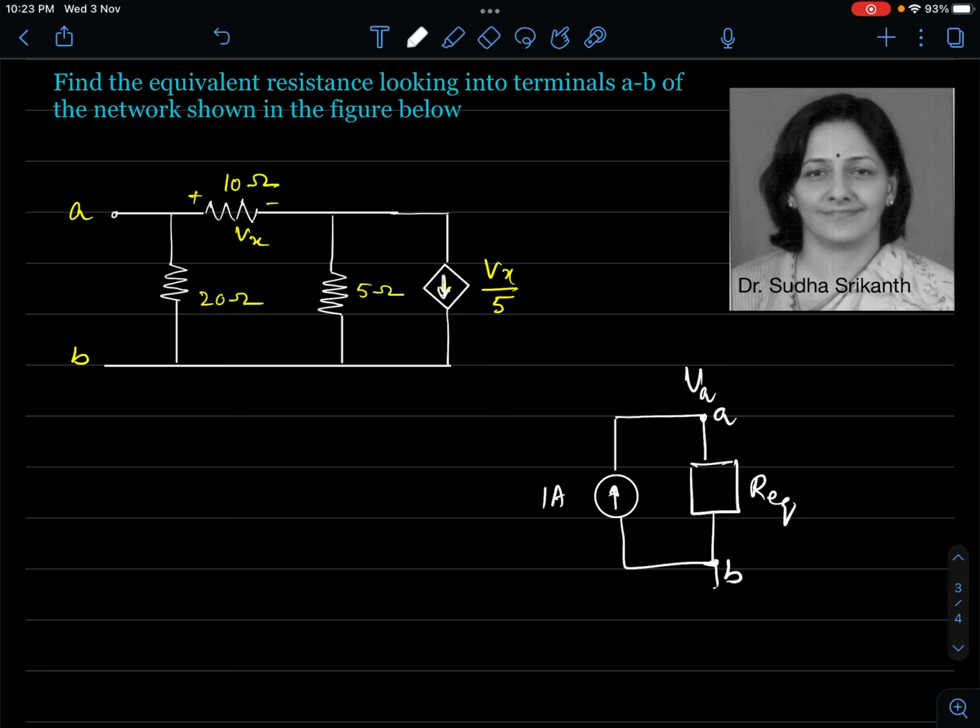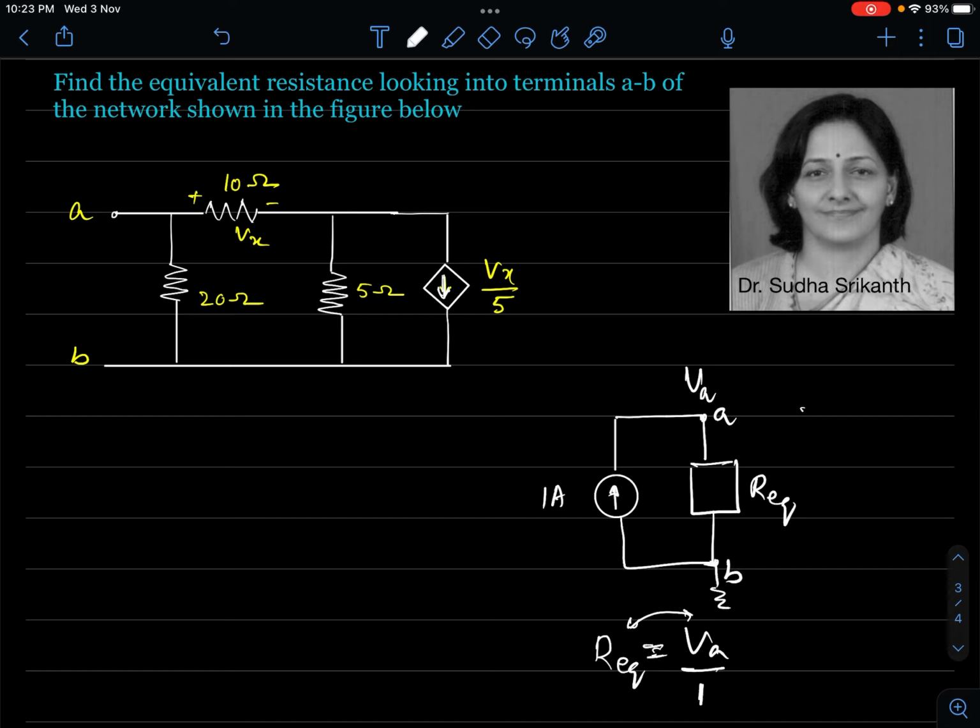And if I imagine this to be the ground, if I ground that potential, then VA is the potential difference across R equivalent. In other words, if I want to find out the R equivalent resistance, it is simply VA divided by 1 ampere, voltage divided by current. So VA is equal to R equivalent provided we have 1 ampere current through the R equivalent.